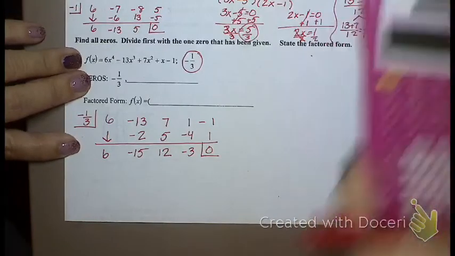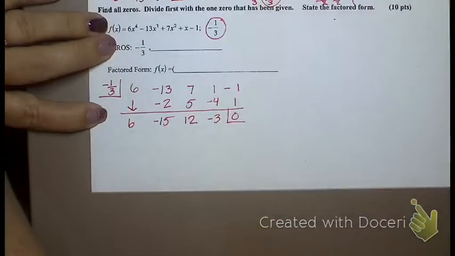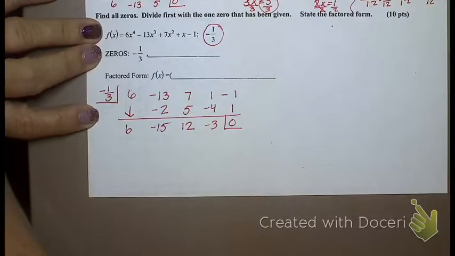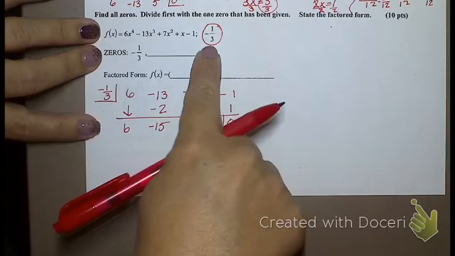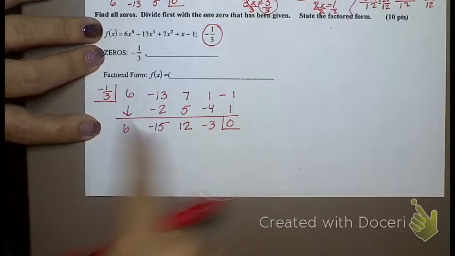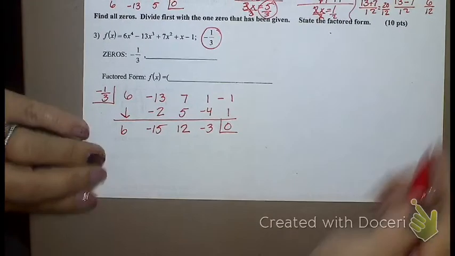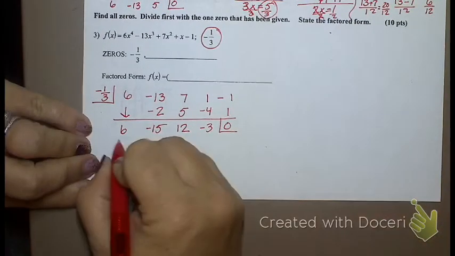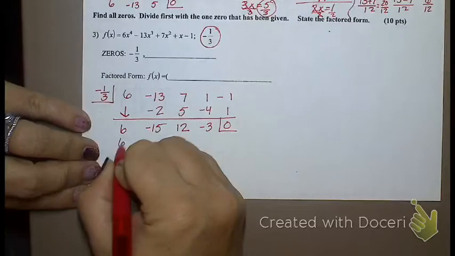What happens if I don't get a 0 on that step? What's the problem? You messed up somewhere, right? Because they're telling me that's a 0. So if I don't get a 0, I did something wrong here, so I need to go back and look at that. All right, so now I had an x to the 4th, so now I'm down to x to the 3rd.